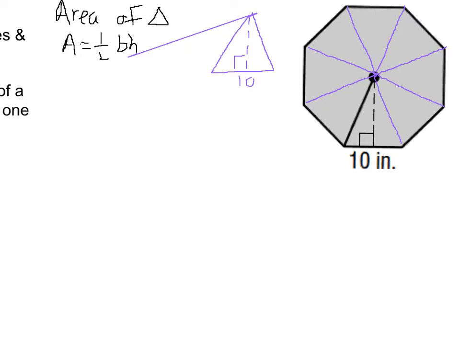So the way I'm going to do that is I'm going to look at some angles here. When I look at this picture, this octagon, I see that around the middle here, of course, we have 360 degrees all the way around. But then I cut that into 8 pieces, and then the height of each triangle actually cuts it into 16 pieces.